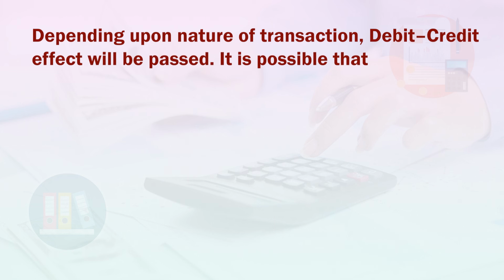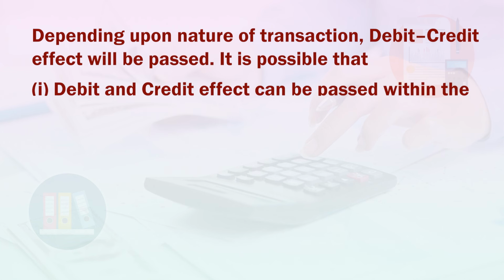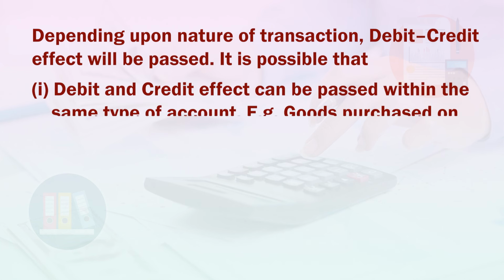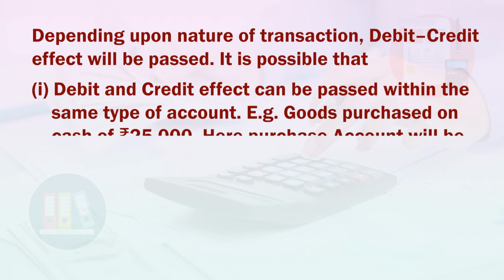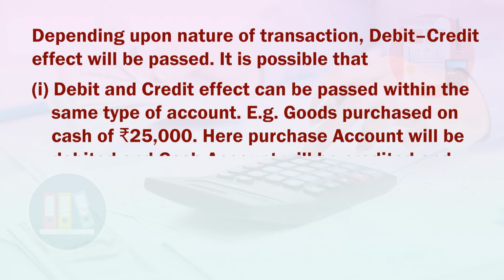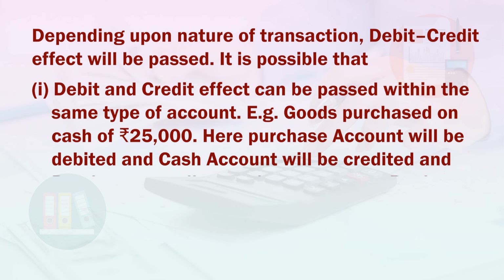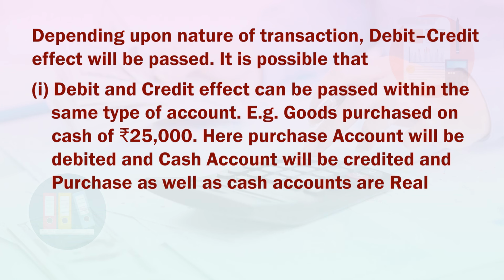It is possible that number 1, debit and credit effect can be passed within the same type of account, that is goods purchased on cash for rupees 25,000. Here purchase account will be debited and cash account will be credited. So, purchase as well as cash both are real accounts. So, from the same type of account.